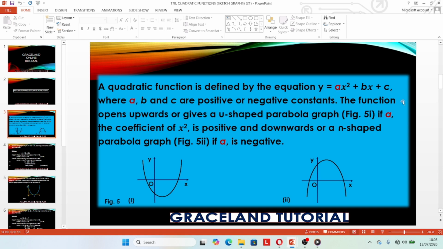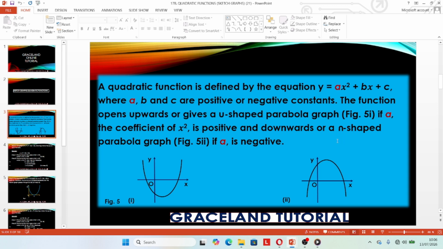Now, if the function gives you a U-shaped parabola graph, it means that this a, which is the coefficient of x squared, is positive. And when the function gives you an N-shaped parabola graph, it means the a is negative.